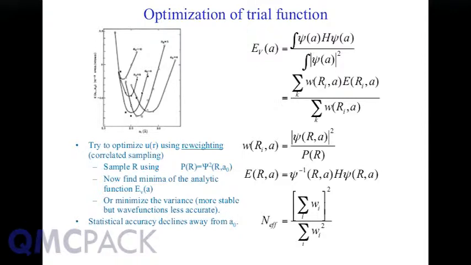And you get these so-called weight factors, which is the wave function squared divided by P. And this is the local energy here, H psi over psi. This is just this rewritten to get this. And then this is the sum over your sampled points, which for some reason it says k instead of i, but it should be i. So this is the sampled points. And in the limit where you have a lot of sampling, then this becomes exact.